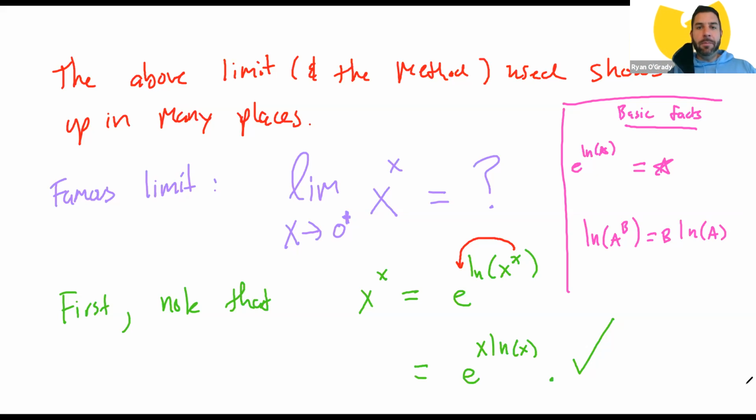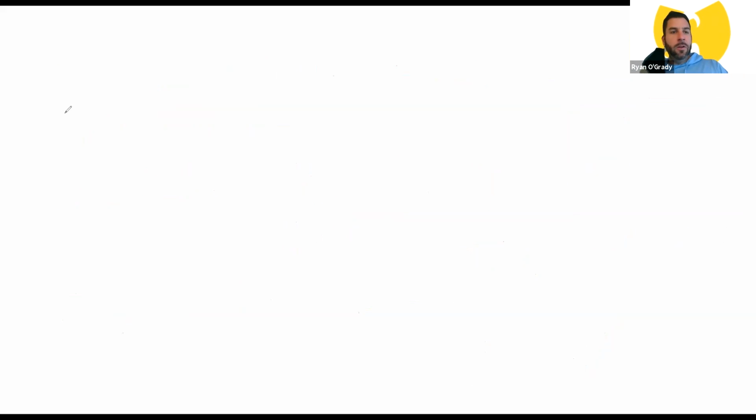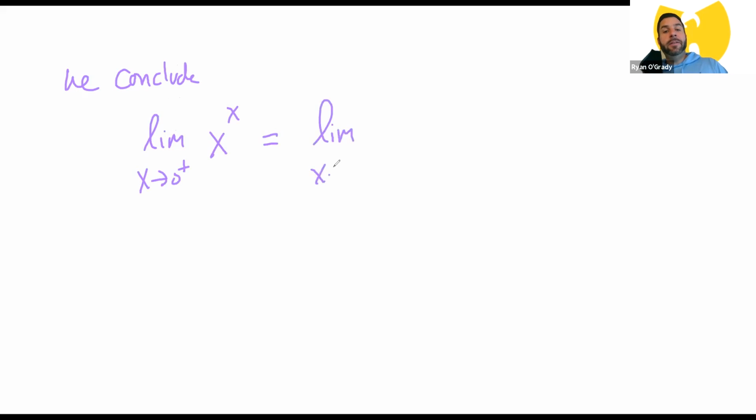All right, so here we go. We can put the pieces of the puzzle together. So we conclude that the limit as x approaches 0 from the right of x to the power x is the limit as x approaches 0 from the right of e to the x log x.